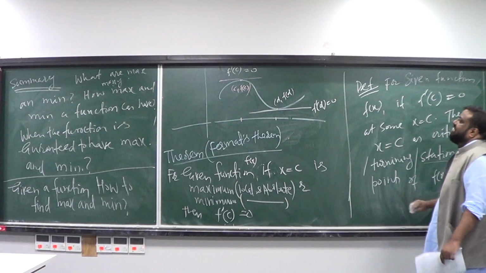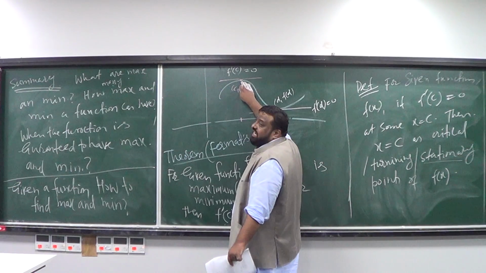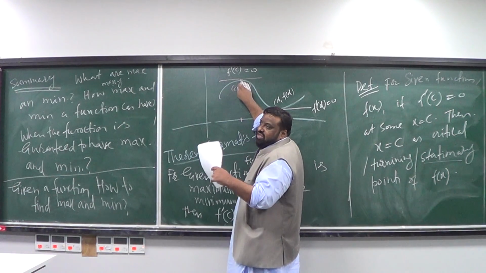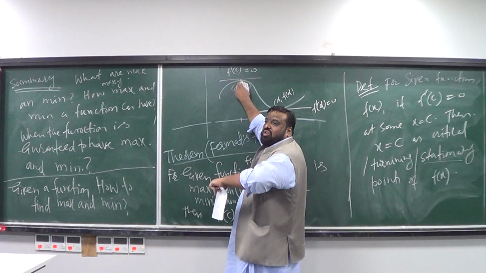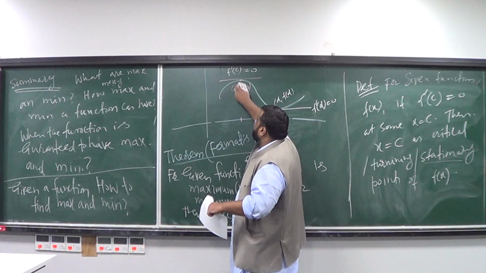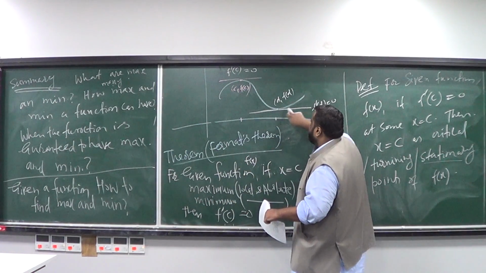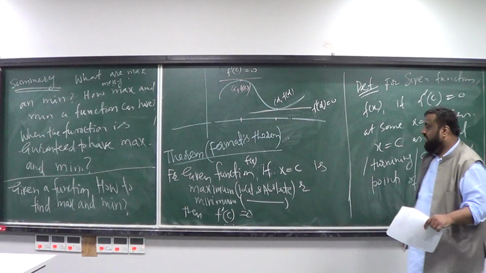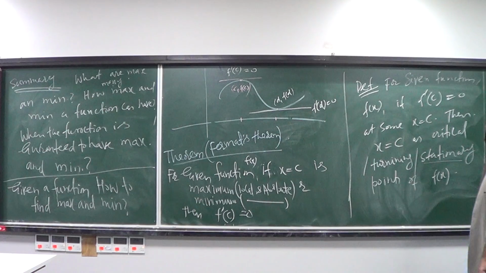It should truly be called stationary because the curve has stopped changing at this point. It has kind of stayed and then moved to the opposite behavior. Increasing, stopped, decrease. Decreasing, stopped, increase. These are the different names that you give to such points.